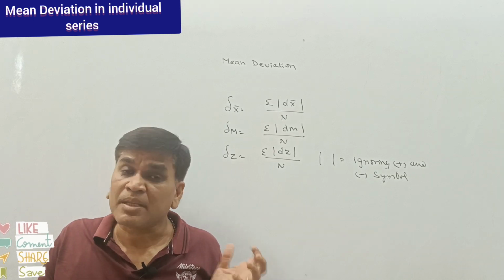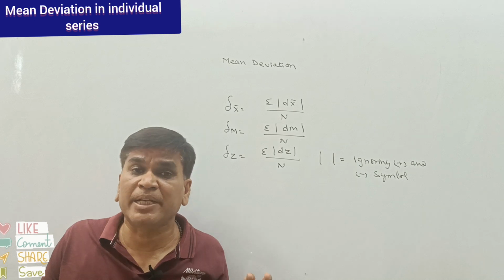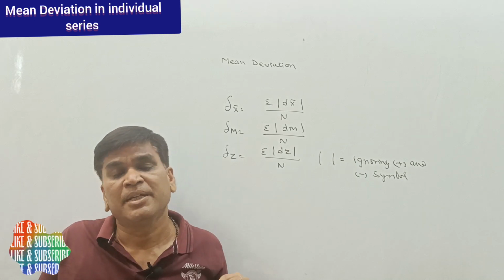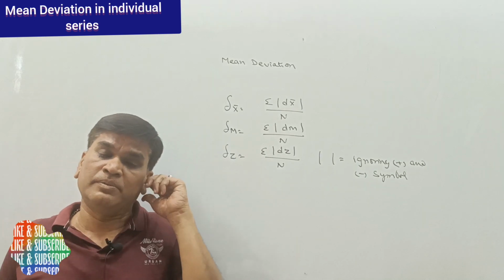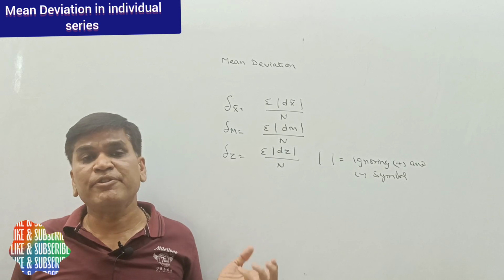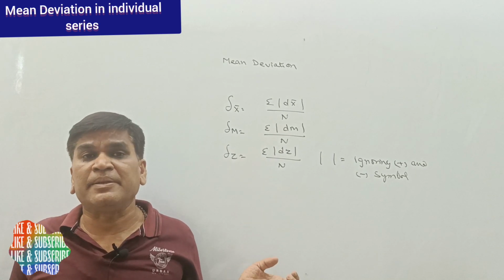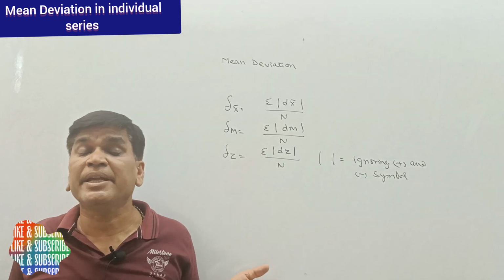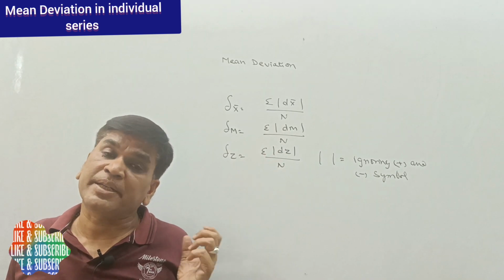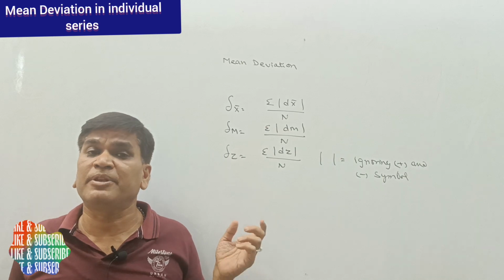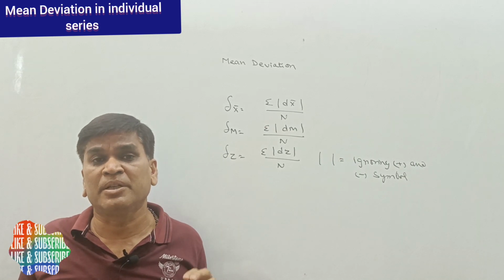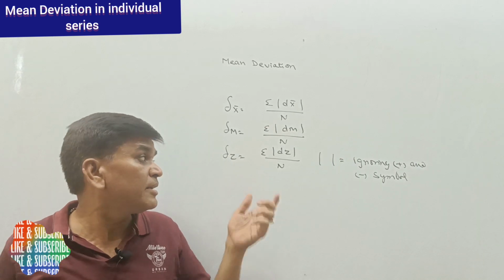Similarly, first we calculate the median value, then the deviations from the median. We add all the deviations and take the arithmetic mean of this, and this will be the mean deviation from the median.